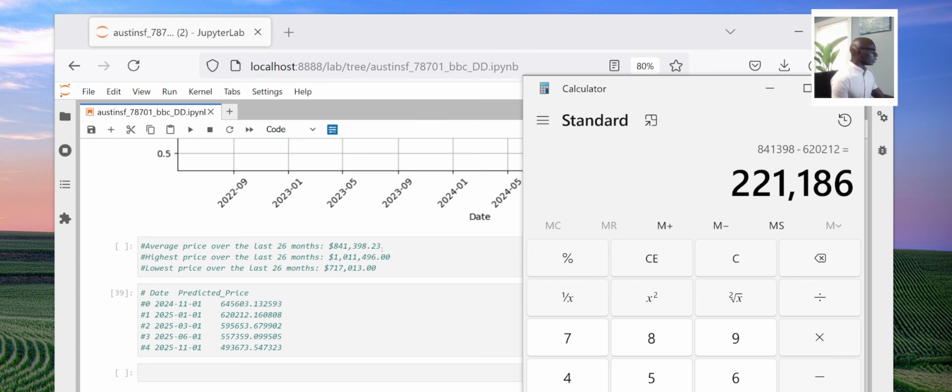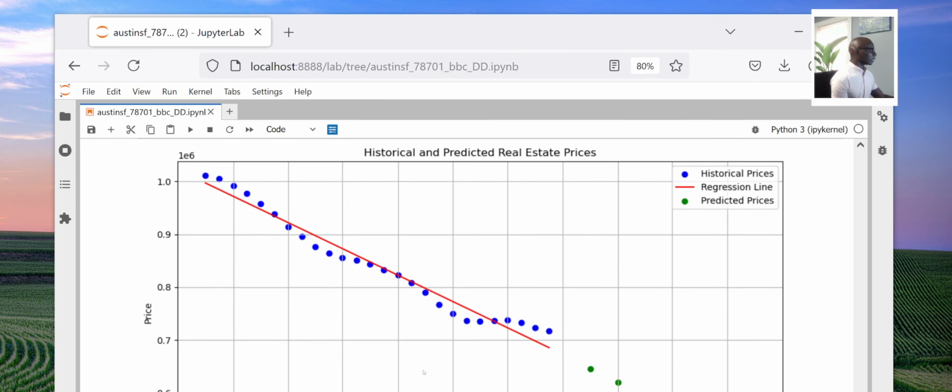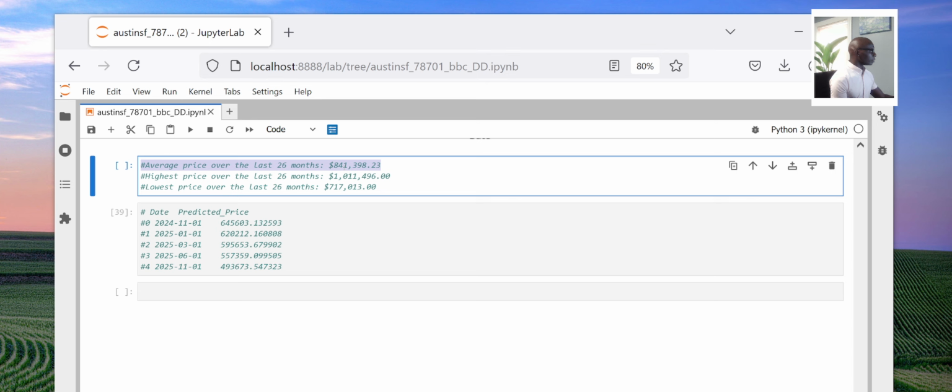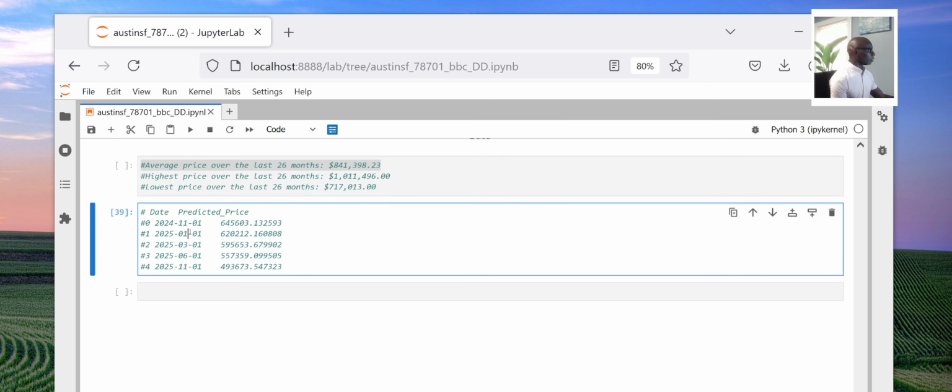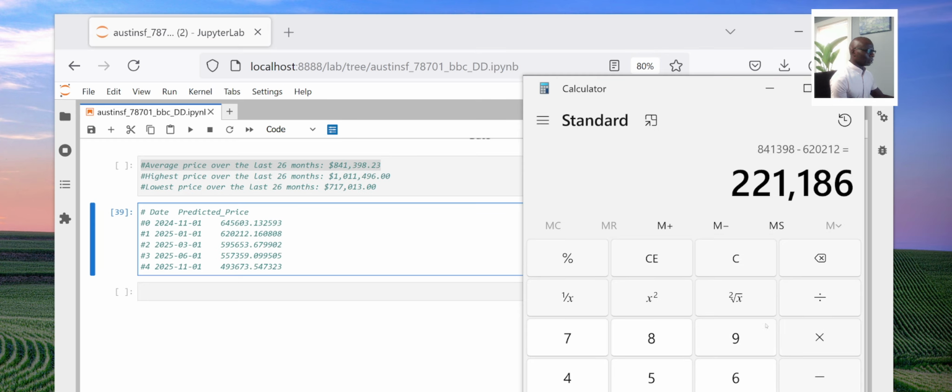So if we, again, taking the average last 26 months, and then we wait until January, we have a cost saving opportunity of $221,186 based off this linear regression model, just for one single family investor looking to make a purchase in Austin, Texas.